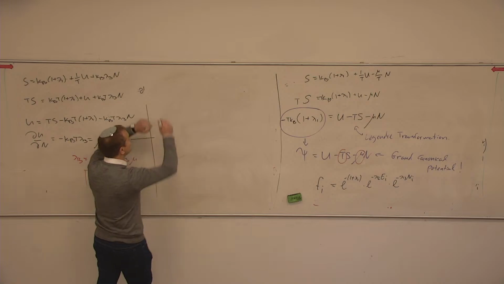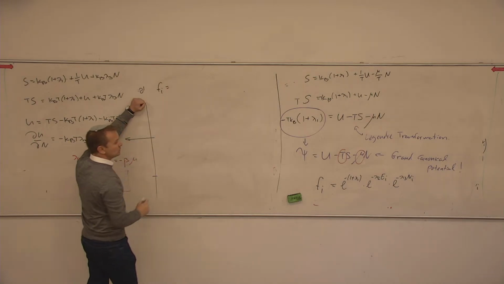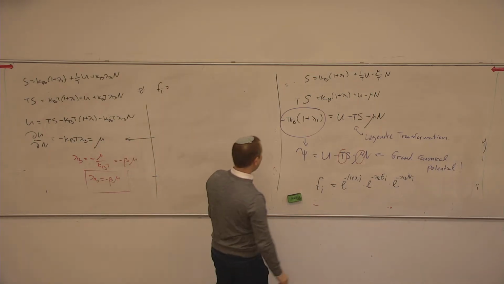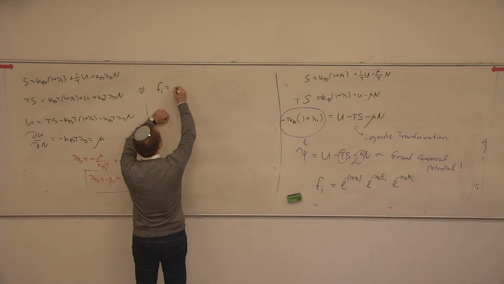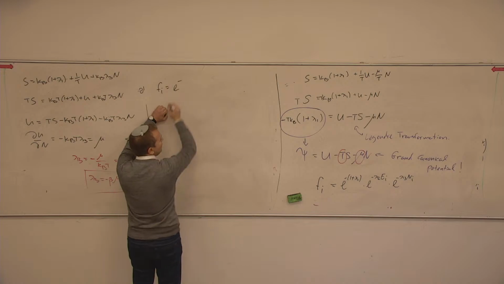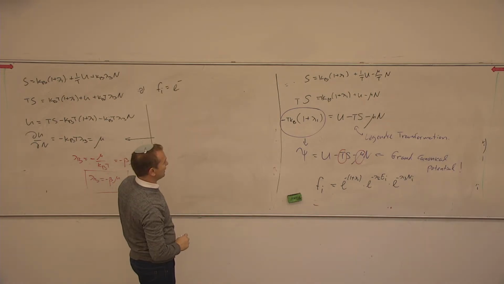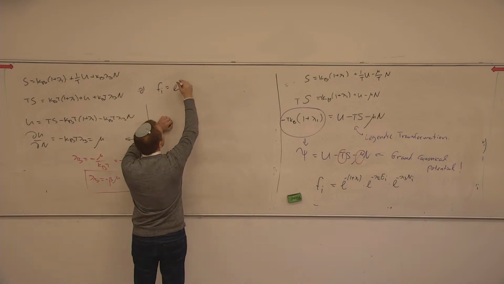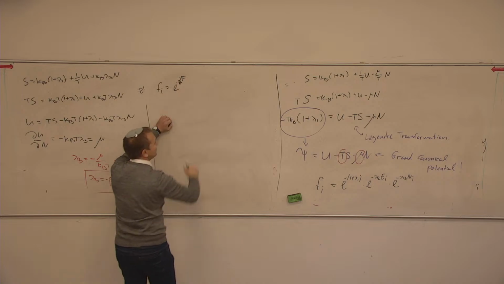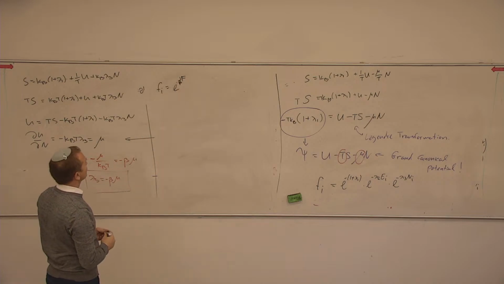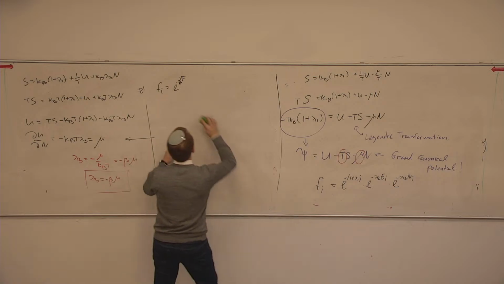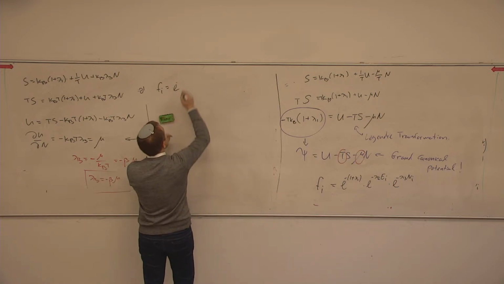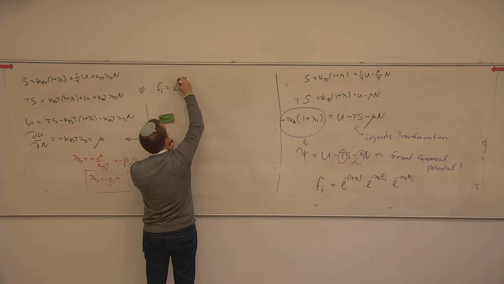So first of all, we know the following: phi_i equals e to the power of, minus (1 plus lambda 1) is just psi divided by k Boltzmann T. So it's just psi multiplied by beta.